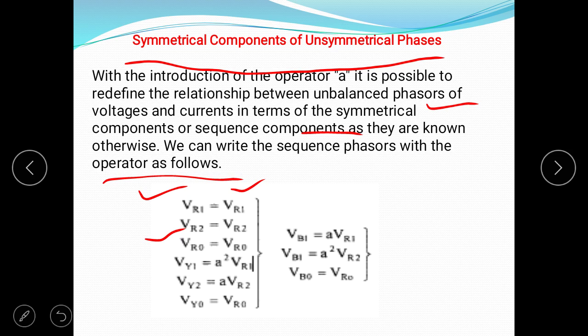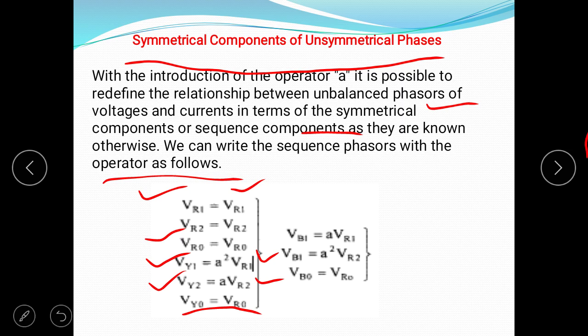It means if positive sequence component of phase R is rotated by 240 degree, then it comes at the position of positive sequence component of phase Y. Similarly, if negative sequence component of phase R is rotated in anti-clockwise direction by 120 degree, then it comes at the position of negative sequence component of phase Y. But zero sequence component of all phases remain at its position. Means there is no phase displacement. So no need of rotation.